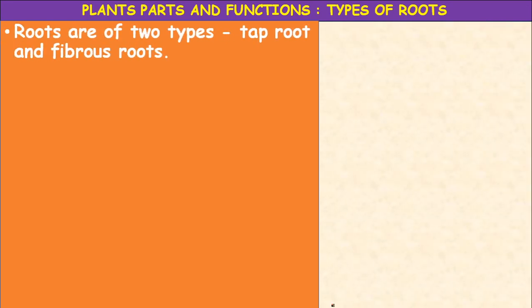Before going to the types of roots, we do a small activity. Which part of the plant is in the soil? Let us learn more about this part from the following activity. The part of the plant which is inside the soil is the root.